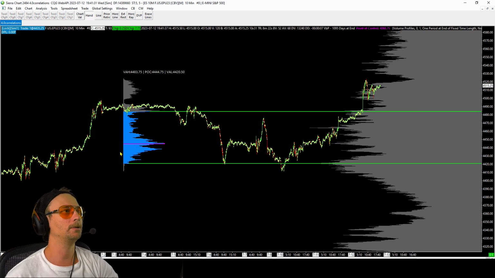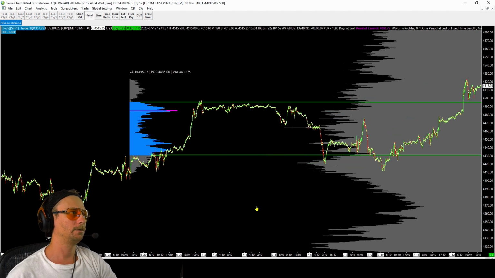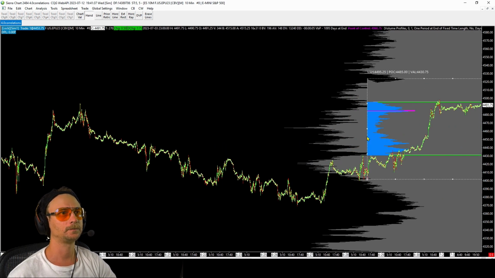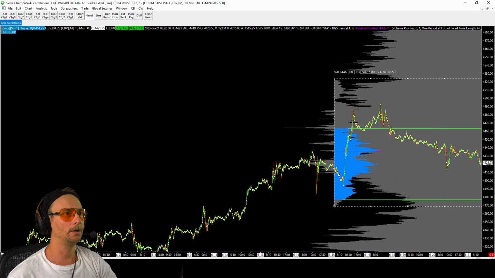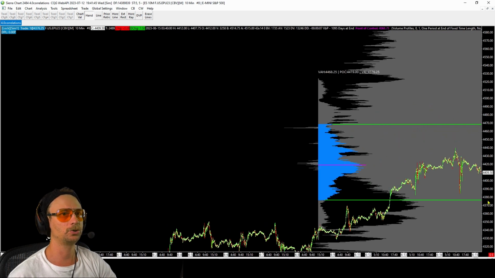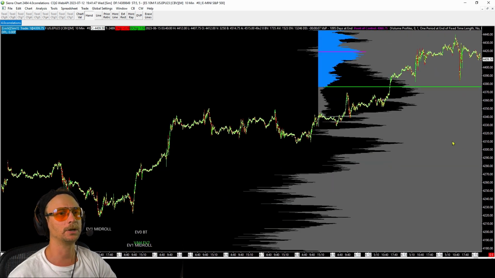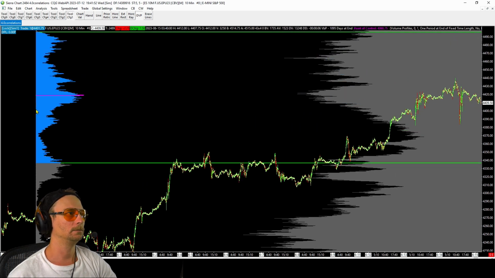However, we're going to keep drawing this profile all the way to the left until I am breaking out of this upper range. This has been going on for a few weeks now. Yeah, I think we're breaking out of the range at this point.